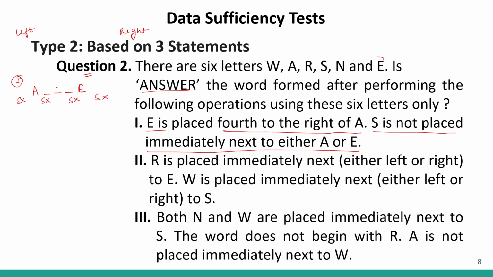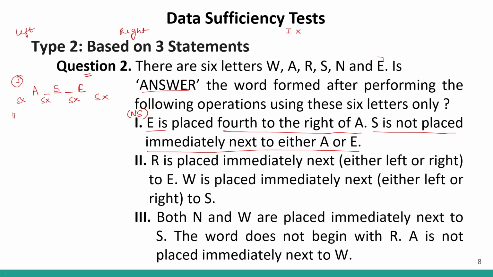So I have a position for S which is this. Okay, correct? This much information is only given in statement 1. So is this enough to say whether answer is being formed or not? Definitely not. So 1 alone is not sufficient.